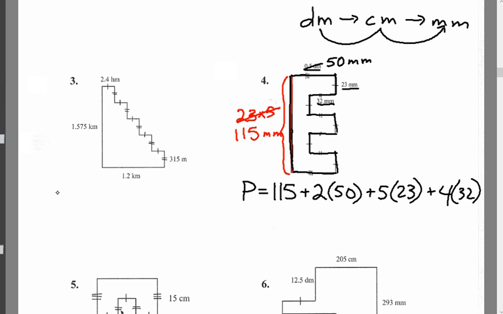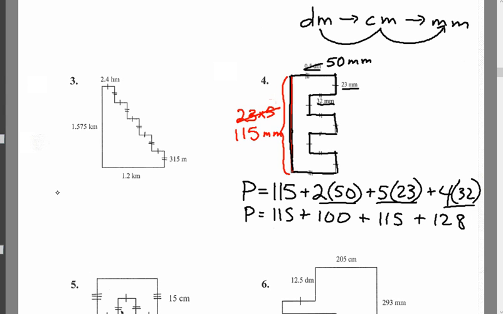There's what we're looking for, a simplified expression. Otherwise, I'd have to have 12 numbers all written out being added, which isn't good math habits. So what do we have? We have perimeter is 115 plus 100 plus 115 plus 128.